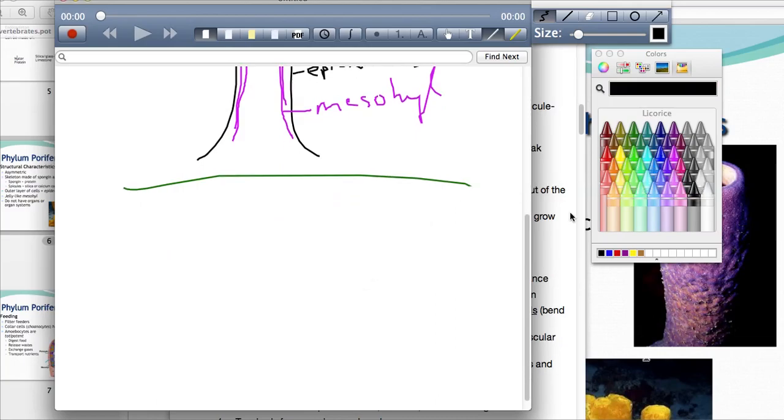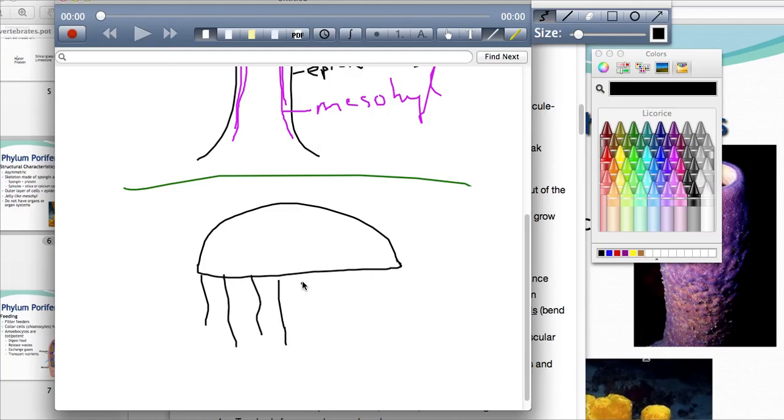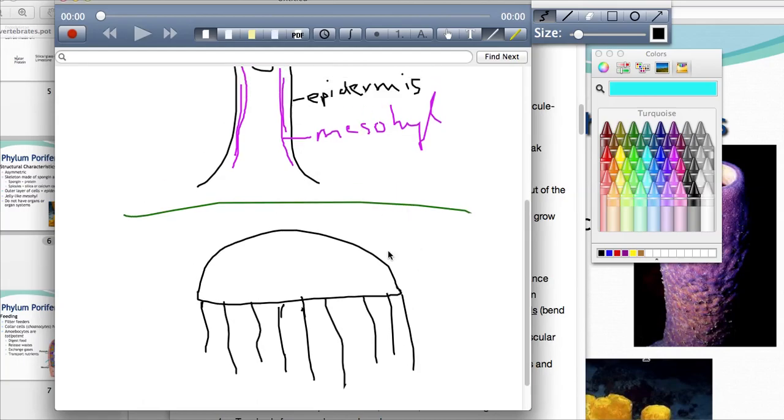We're going to look at the anatomy really quick. So this is a jellyfish here, okay? And it's going to have tentacles. Now, the outer layer, once again, is the epidermis. So, it has an epidermis.